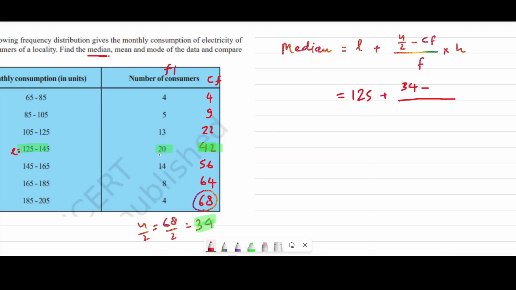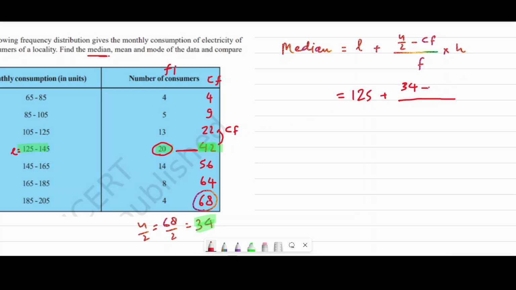CF will be the preceding class frequency, so this will be CF.